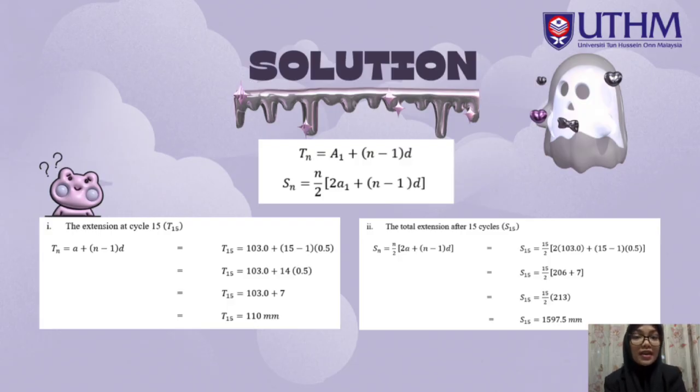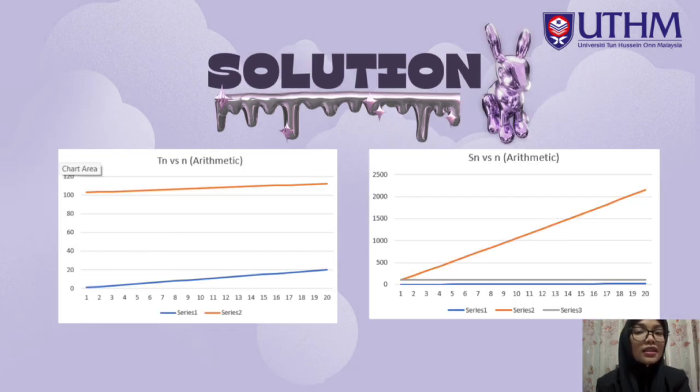The piston rod length at the end of cycle n is given by Tn equals a1 plus n minus 1 multiplied by d, while the total expansion over multiple cycles is calculated by Sn equals n divided by 2 multiplied by 2a1 plus n minus 1 multiplied by d. So, these models represent a linear expansion resulting from uniform heating.